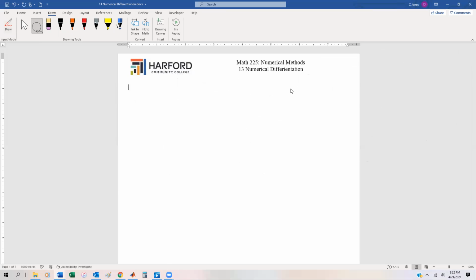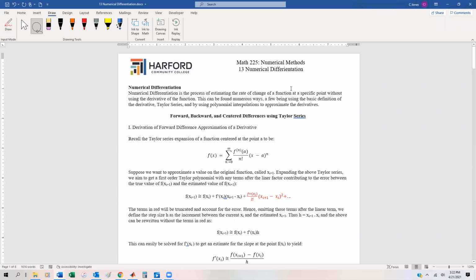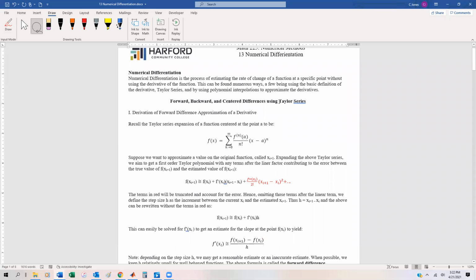Now we're going to be taking a look at various methods of numerical differentiation. One of the more common ones is utilizing our Taylor series. I'm going to illustrate the derivation of one of the most fundamental formulas for approximating a derivative using a Taylor series.